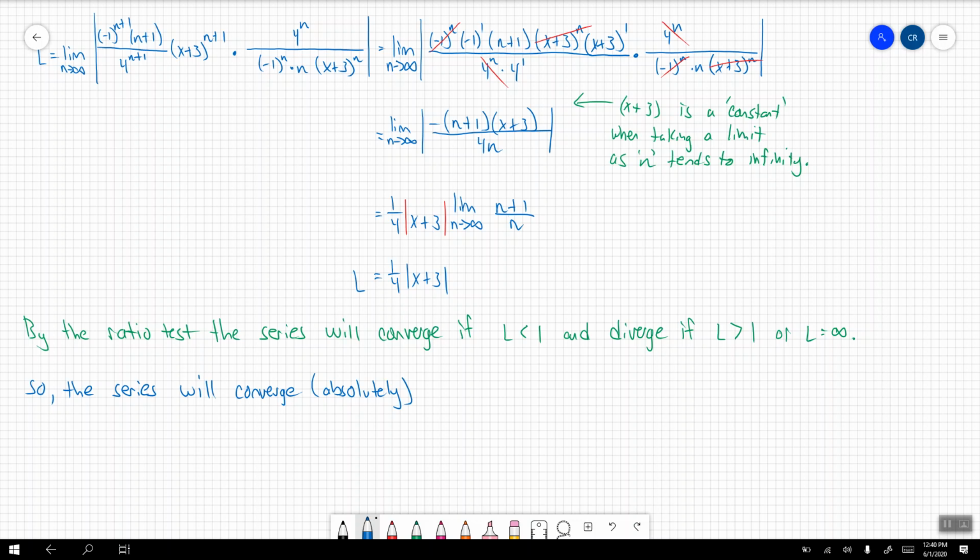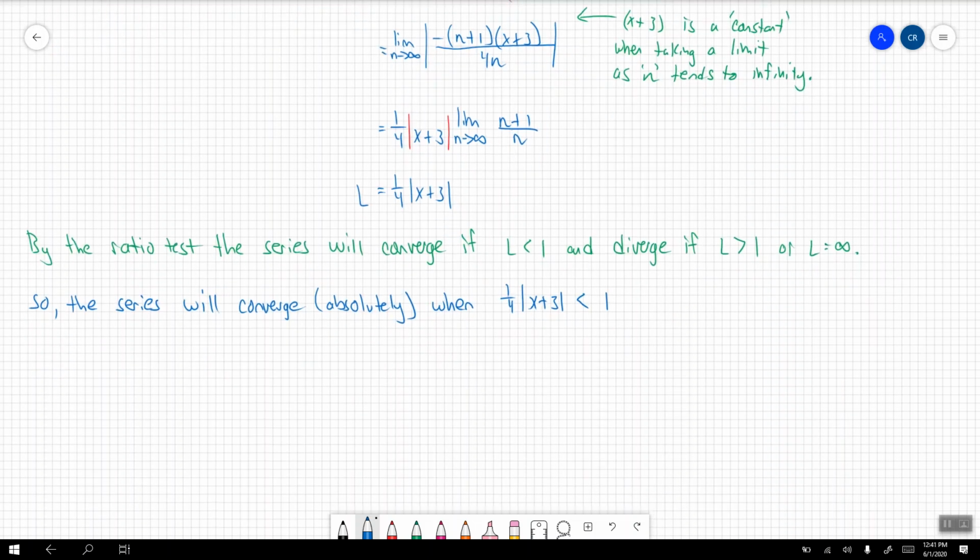So the series will converge absolutely when 1/4 times the absolute value of x plus 3 is less than 1. In other words, this L value, that limit value, must be less than 1 for convergence to occur.